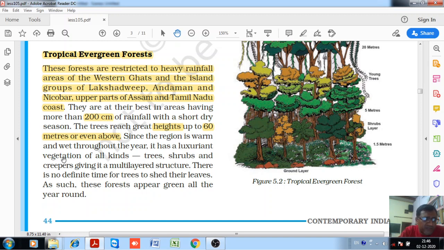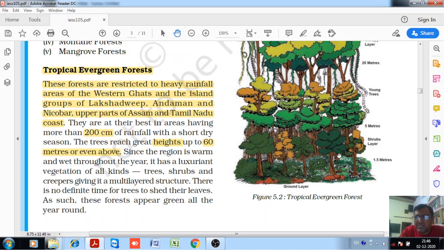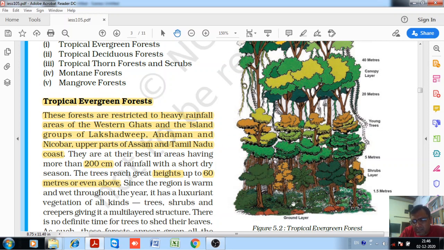Now since this region is warm and wet throughout the year, it has a luxuriant vegetation of all kinds, like trees, shrubs and creepers, giving it a multi-layered structure. You can see in this image that this is the 1.5 meter height, some plants are there. Now the shrubs layer goes up to 5 meters. Then you can see young trees up to the height of 10 to 15 meters.